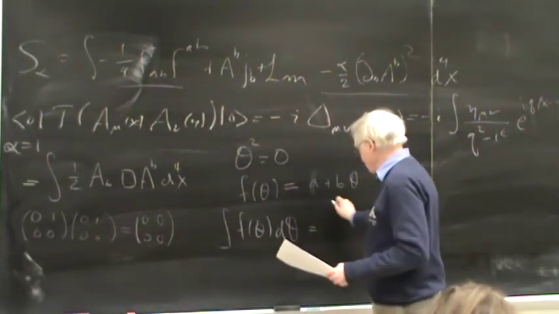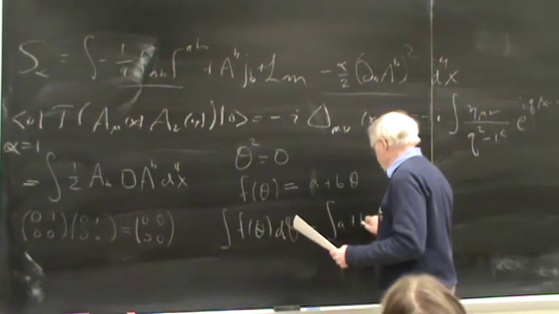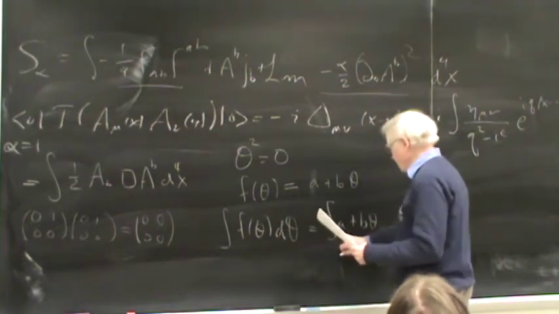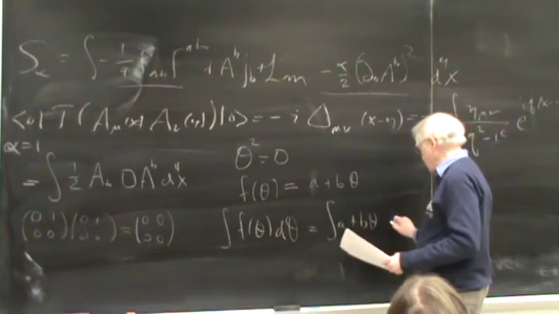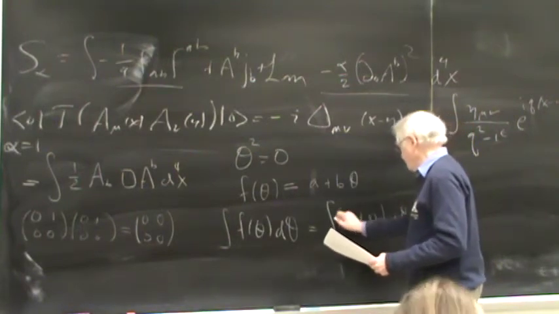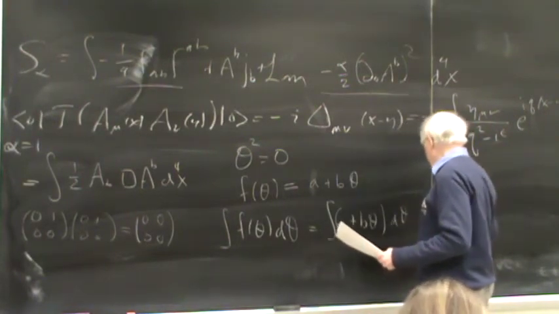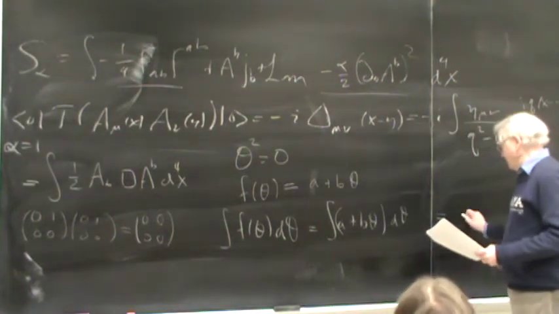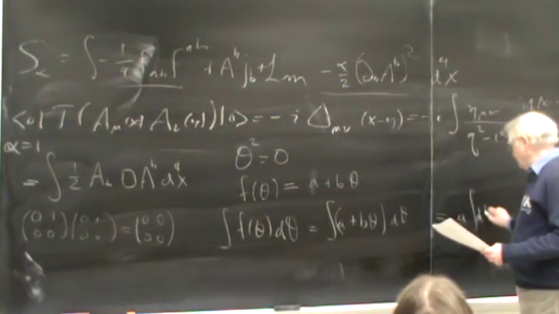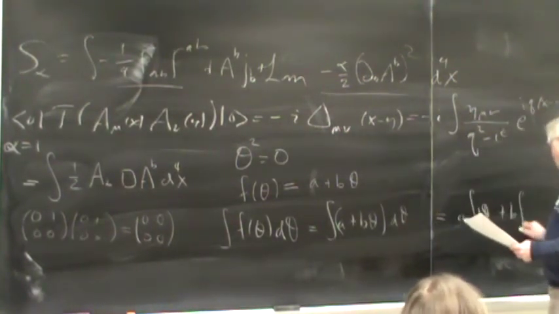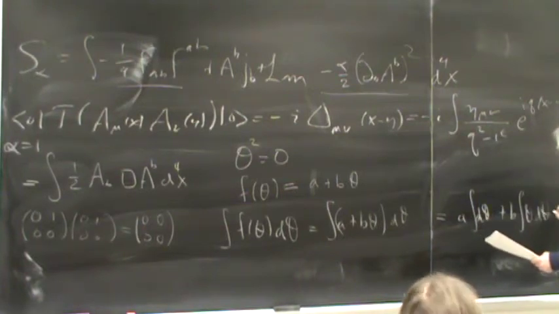Well, it's obviously going to be an integral of a plus b theta, and we're thinking of a and b as complex numbers, d theta. And so this is kind of simple. This means we have a integral d theta plus b integral theta d theta.